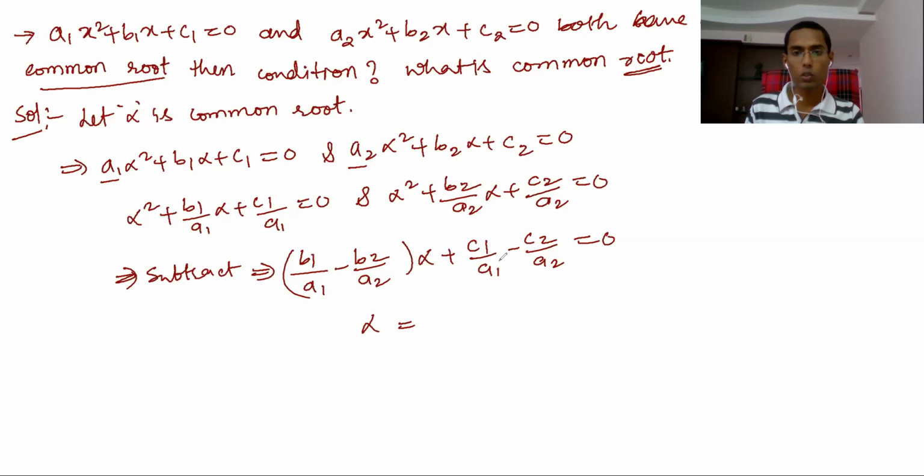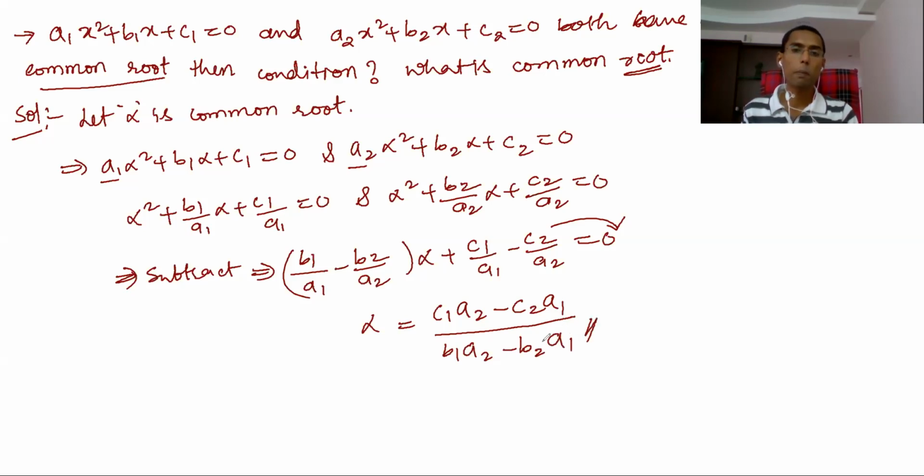C1 a2 minus c2 a1, and a1 a2 is there here also, so it gets cancelled. Then simplify this also: b1 a2 minus b2 a1. So this is the common root. You can find this.